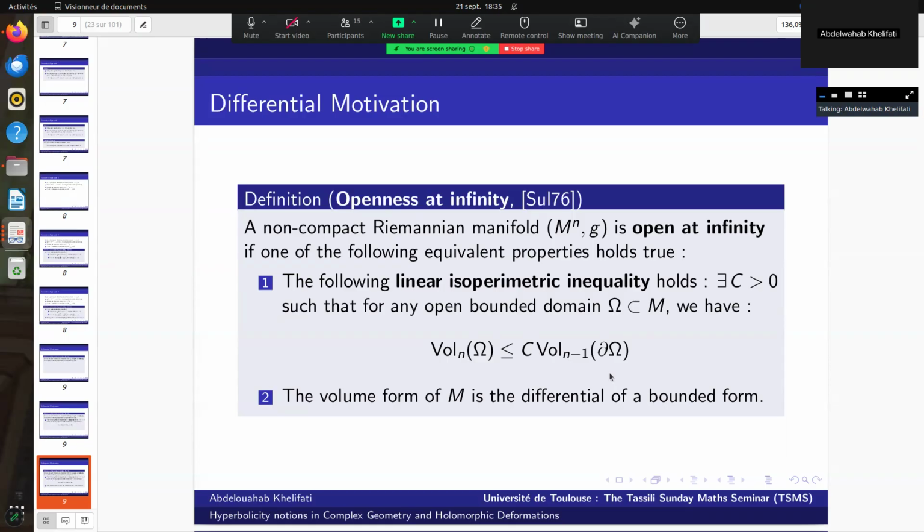So here is a differential point of view to define hyperbolicity, and in this way one can take this to the complex setting, because in the complex setting there are many different metric structures.